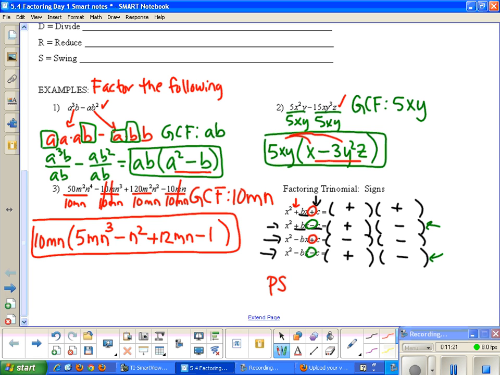So minus means opposite, so PSMO. Plus means that we're going to have the same signs if it's the third term, and minus means you're going to have opposite.